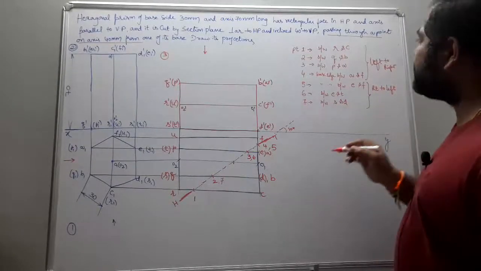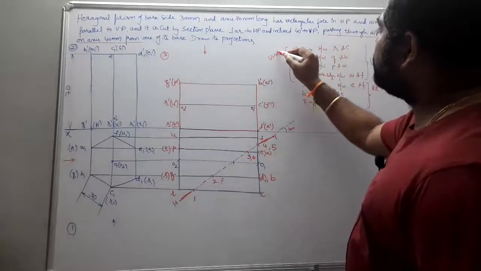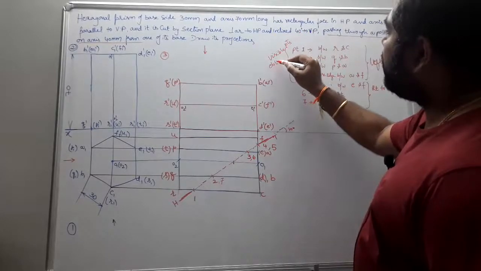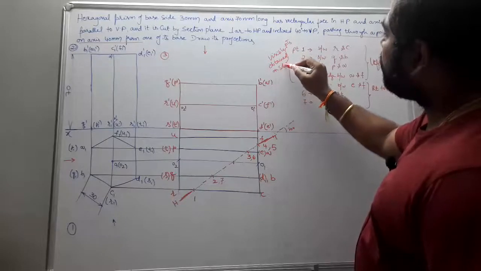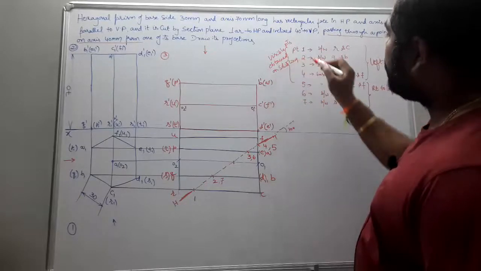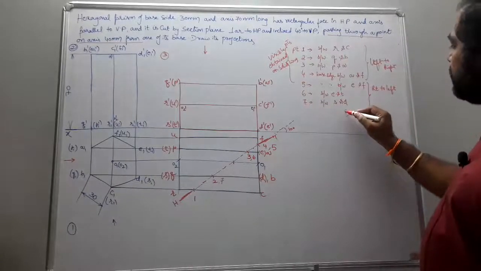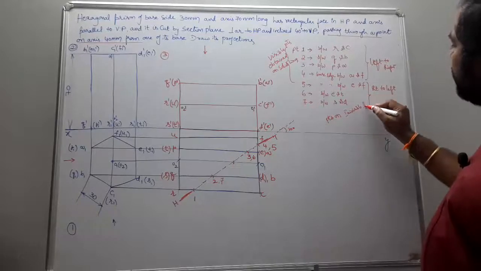So from this we can say these were the visible points, that means visible points obtained on solid lines. Next, these are invisible points, that means invisible points on invisible lines.